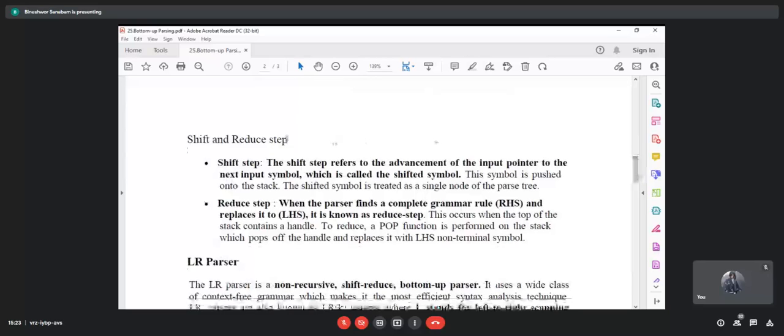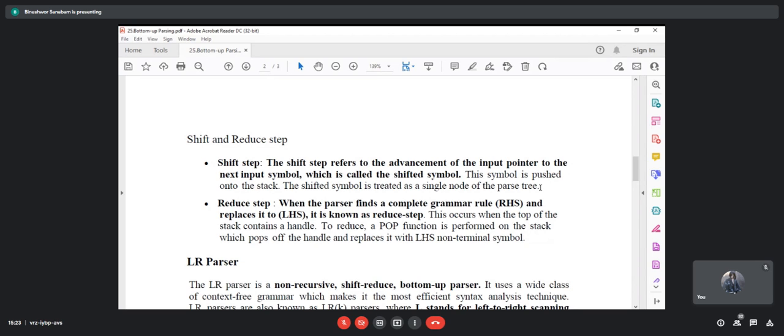As I mentioned before, bottom up parsing is also called shift reduce parsing. So what is this shift and reduce? It consists of these two steps. The first one, the shift step, refers to the advancement of the input pointer to the next input symbol. It simply means that we go to the next symbol after checking one symbol.